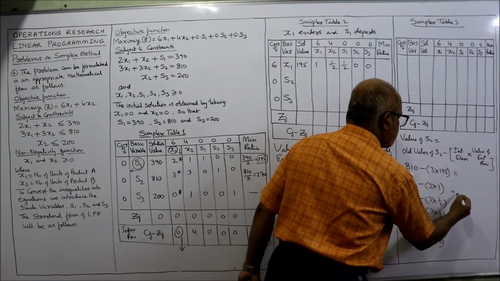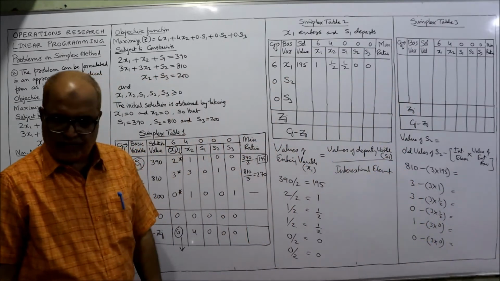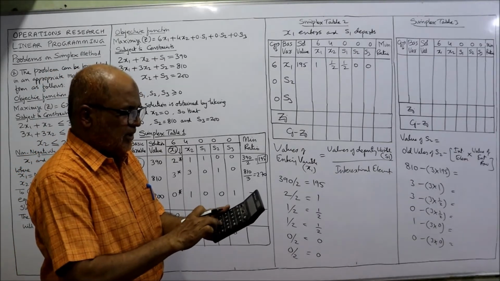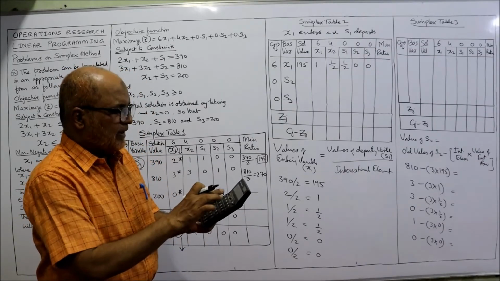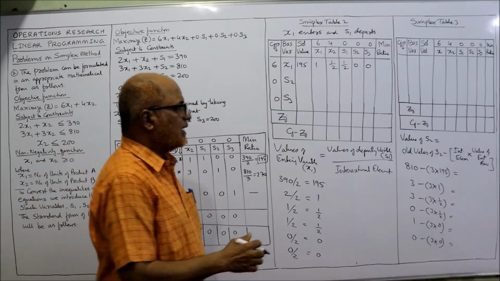That's it. Now we have to find out the values of S2. So 195 into 3 is equal to 585. 810 minus 585 means 225.